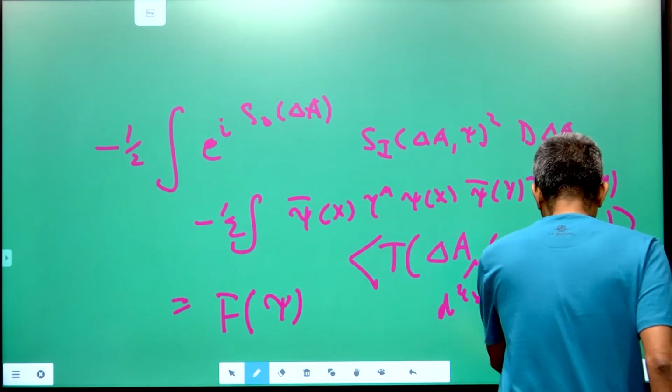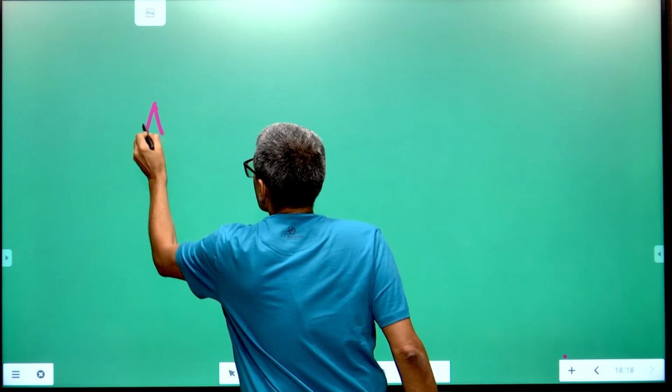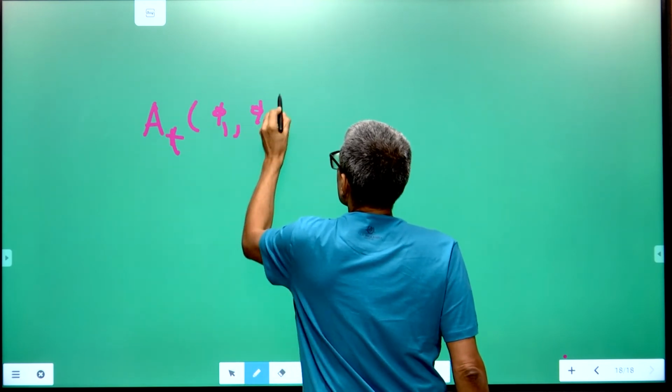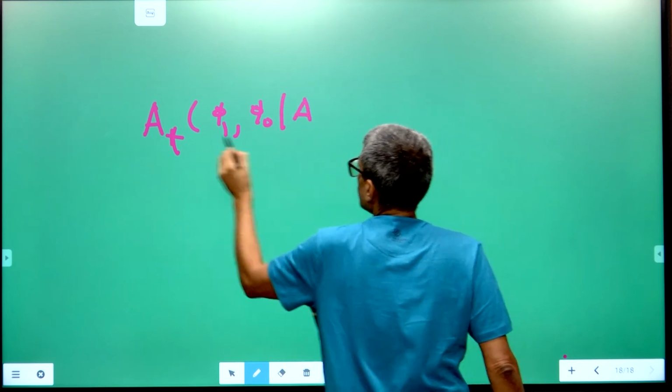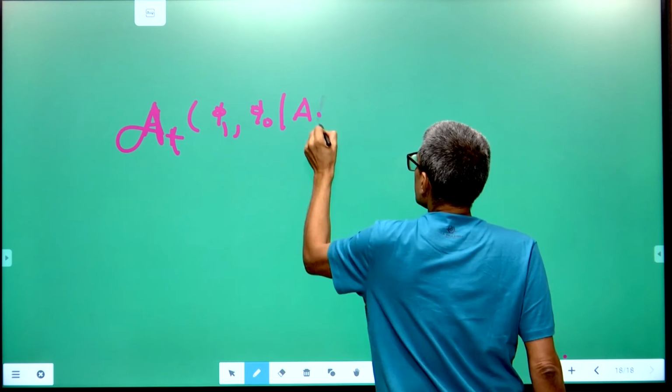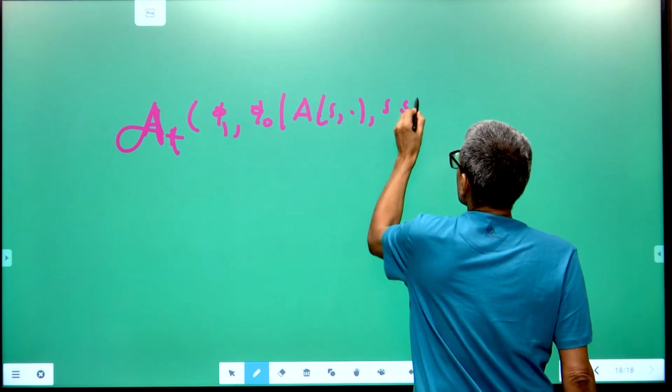So what is the total path integral, the total amplitude of scattering in time t from phi 0 to phi 1, given the control field A(s) for s less than or equal to t?